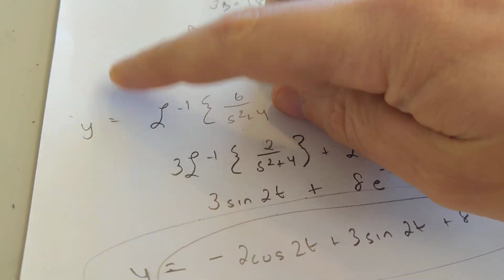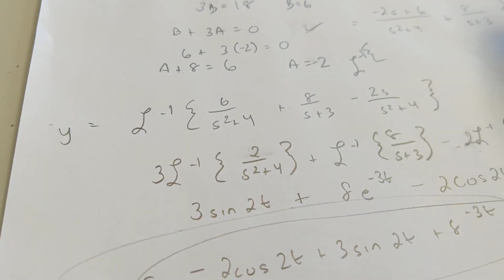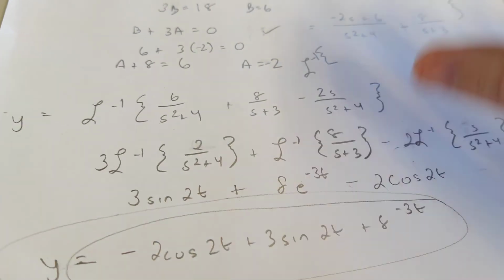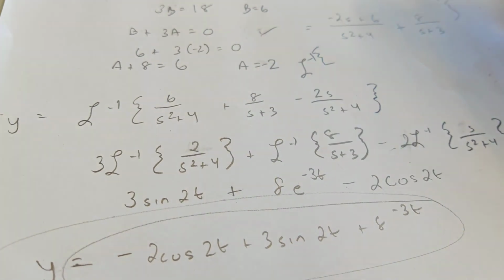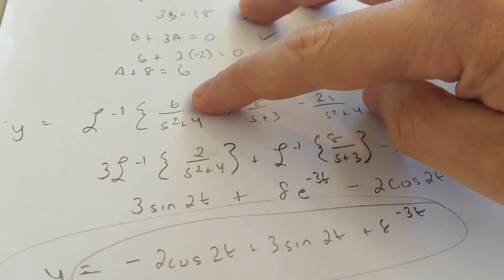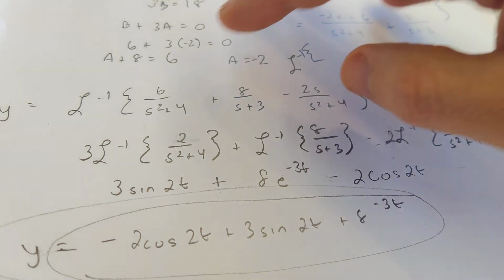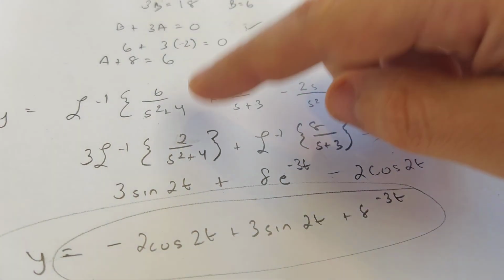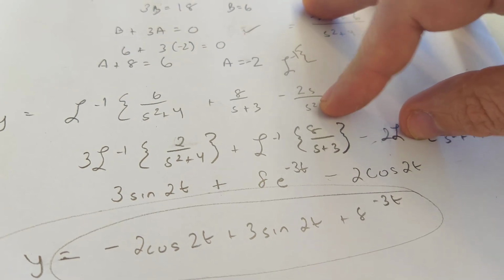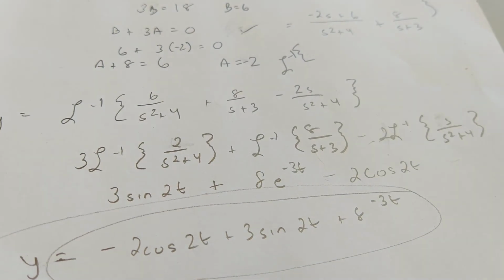So obviously the inverse Laplace of the Laplace is just y. And I split this out a little bit differently. 6 over s squared plus 4, minus 2 s over s squared plus 4, plus 8 over s plus 3.